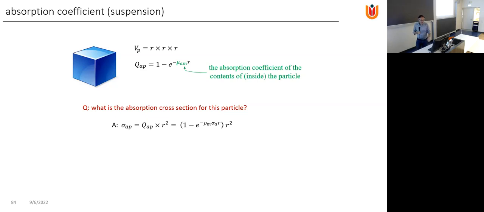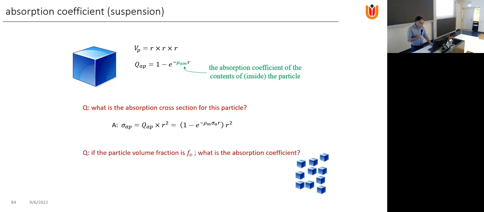Okay, well, let's continue. If we have an absorption cross section, then we can also calculate an absorption coefficient, provided that we know the volume fraction. So we know the volume fraction, the hematocrit, since it was blood, and we now calculate the absorption coefficient.